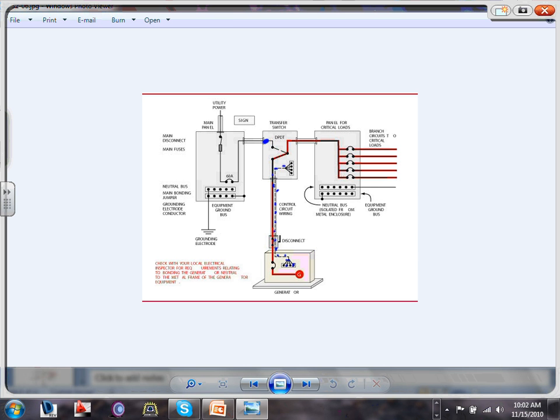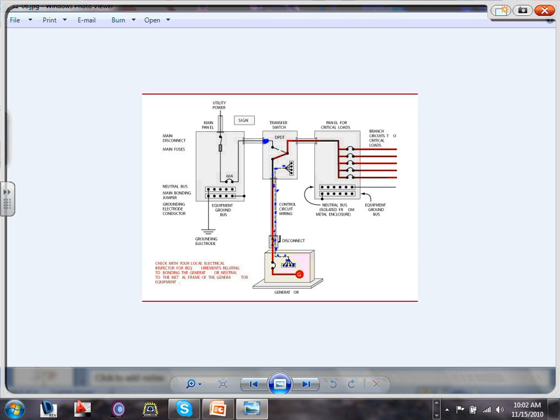When it starts, it rotates, obviously, and starts generating power. But the key point is the auto transfer switch, guys, is a smart piece of equipment. It has the capability of sensing there is no voltage here. There are voltage sensors. The minute that you have no voltage here, it's programmed to send the signal directly.